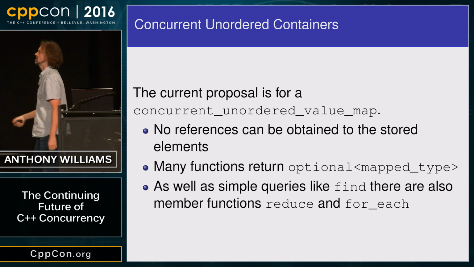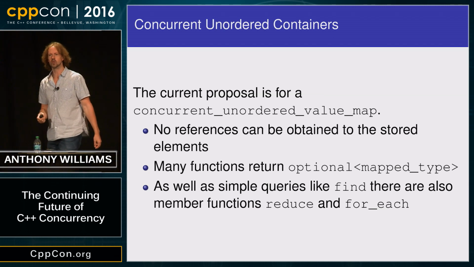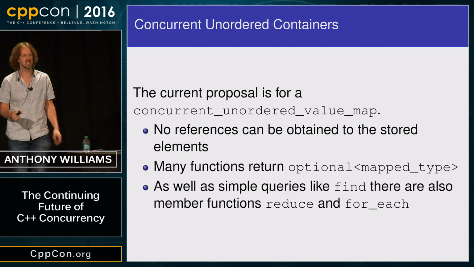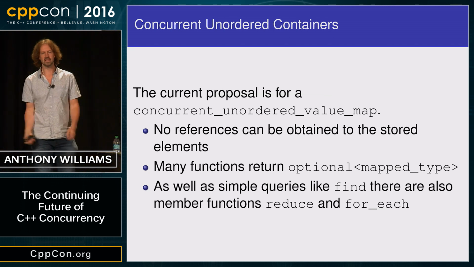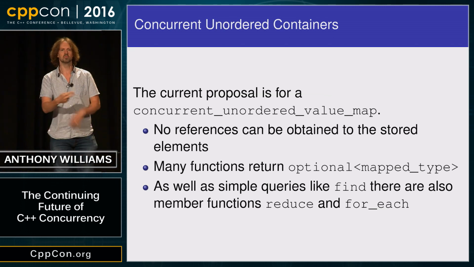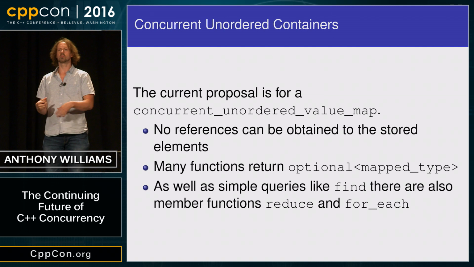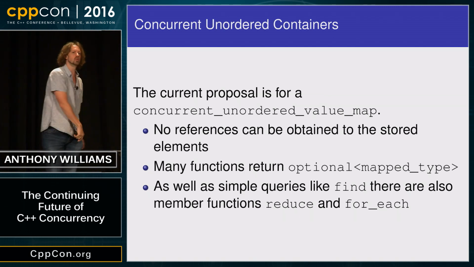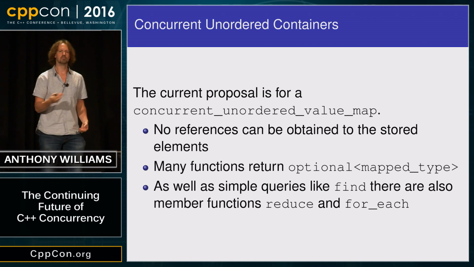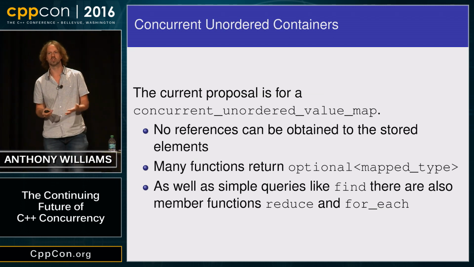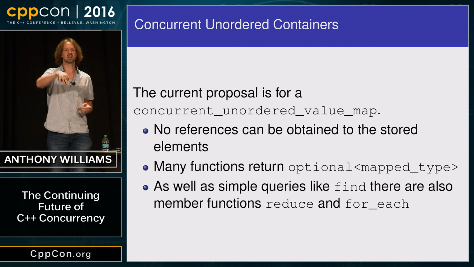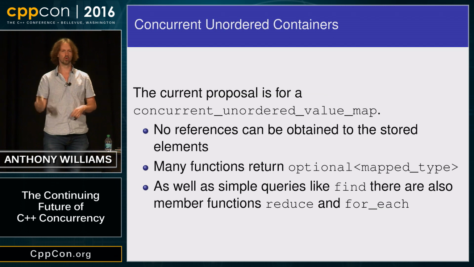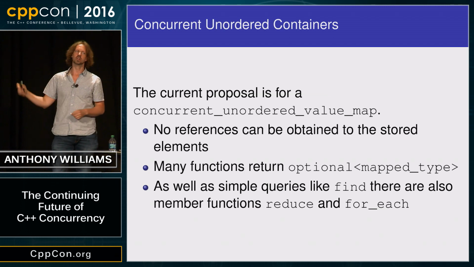Unordered maps. The proposal is concurrent unordered value map, which is a bit of a mouthful, but it does tell you the essential properties. It's concurrent for concurrent accesses. It's unordered, so like the unordered containers, it uses a hash internally. It stores values, because with all the standard containers that we have at the moment, you can get iterators and you can get references to the contained values. With the concurrent unordered value map, you can't get those references.